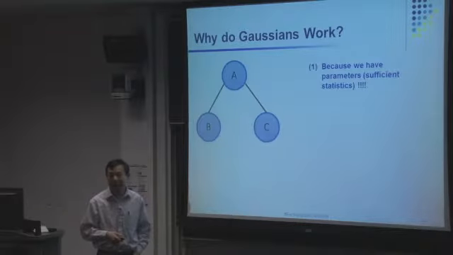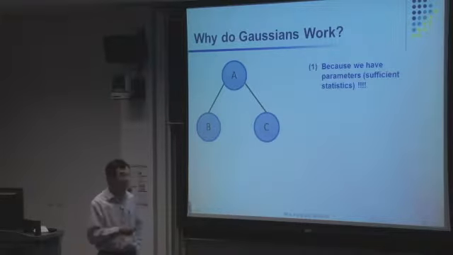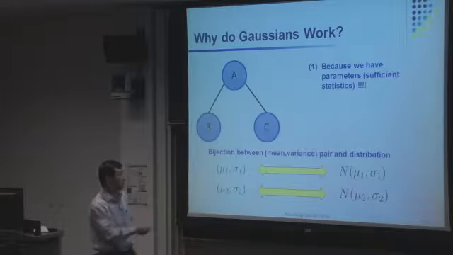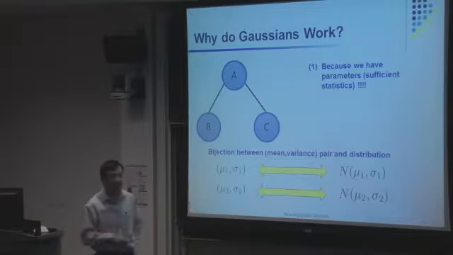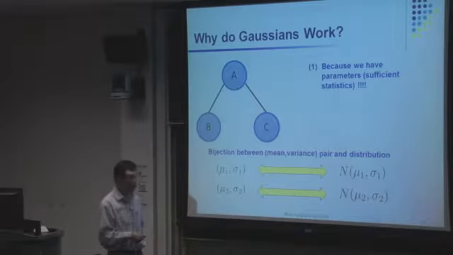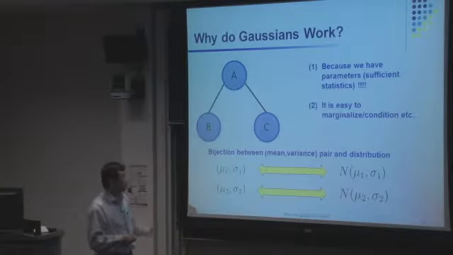Okay, so first, the current status is that people like Gaussian and parametric graphical models for obvious reasons. This parametric assumption makes things simple. There is an easy bijection between a distribution and a small number of parameters, and therefore you get a lot of saving in representation. Also, operations on Gaussians are easy.